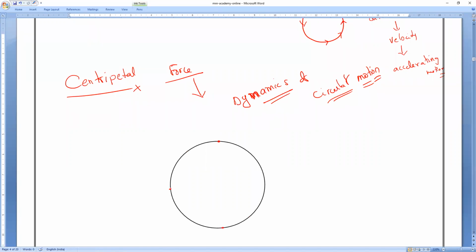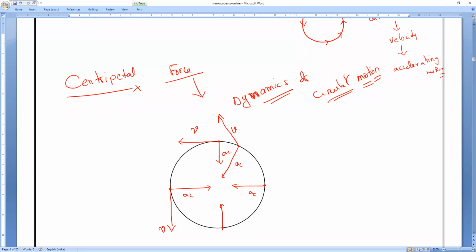We all know that centripetal acceleration acts towards the center, and tangential acceleration always acts perpendicular to it. Let us take the velocity of the body as v at this point, and at this point also v, in some random direction. Also something is acting here. What is acting? Centripetal acceleration.